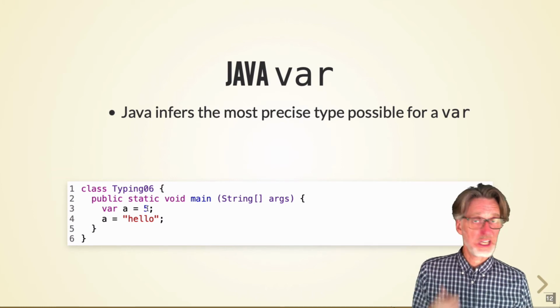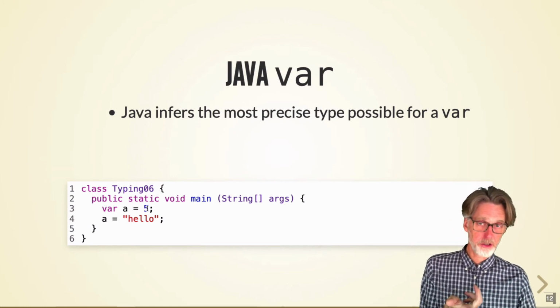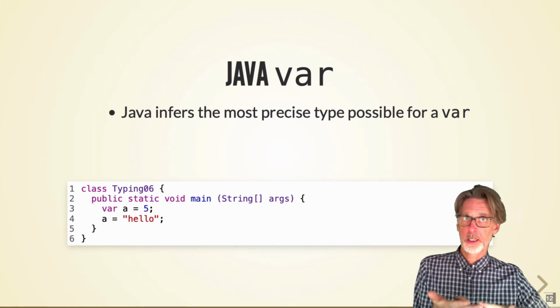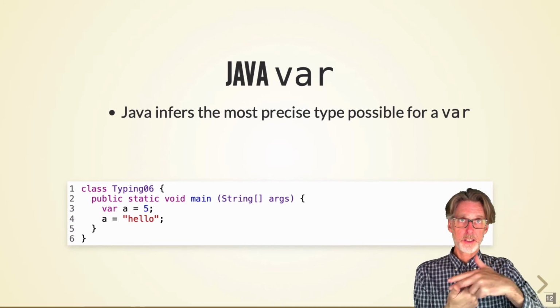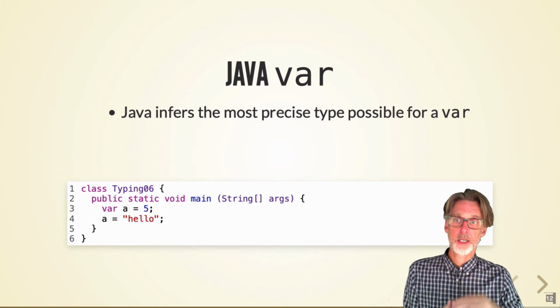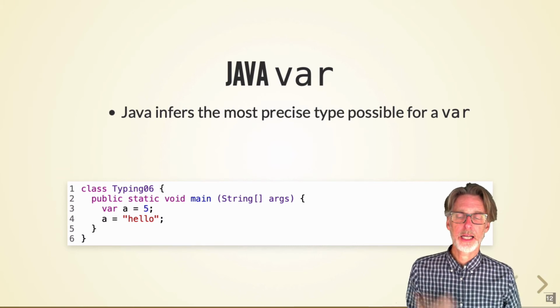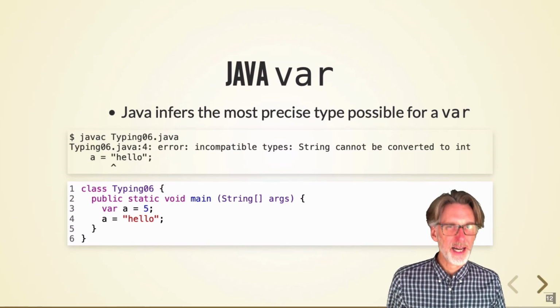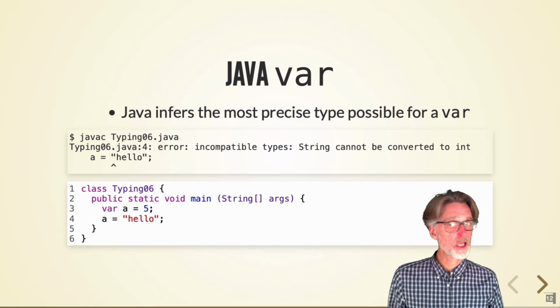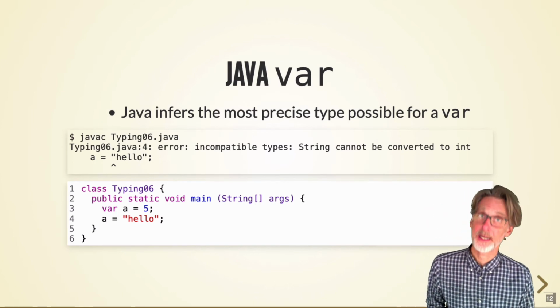Java could choose int, it could choose Integer, it could choose Number, it could choose Object. But it chooses the most precise type it can find, and that's going to be int. As a result, when I try to assign a string, I still get a compiler error here. This is not a dynamic error. This is a compiler error.